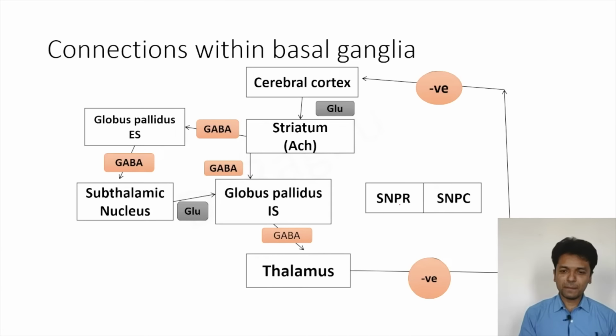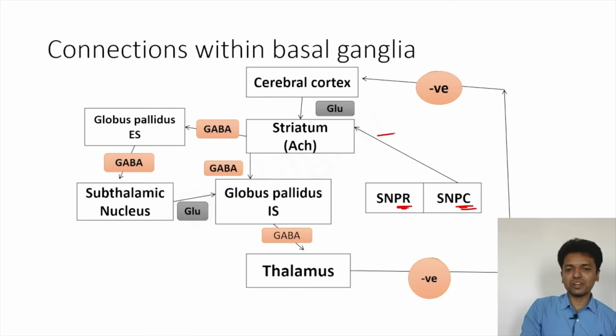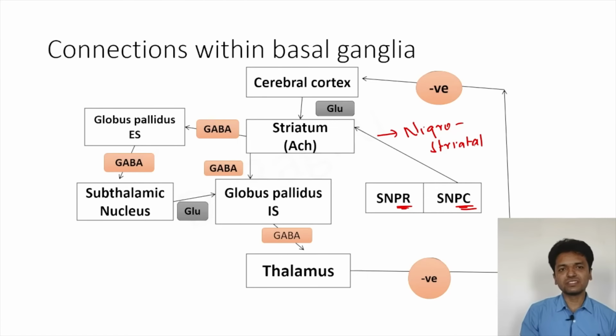substantia nigra pars reticulata, substantia nigra pars compacta. Now, the substantia nigra pars compacta is going to project to the striatum, and these fibers are very important fibers, and these are called nigrostriatal fibers.